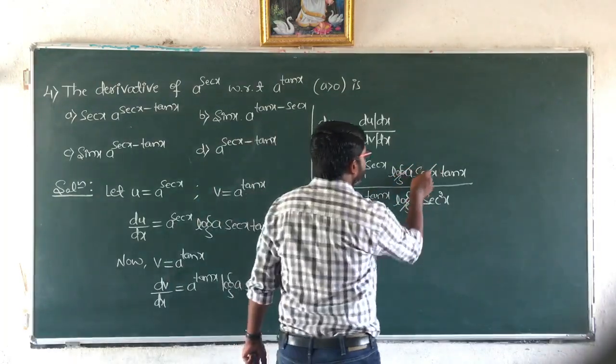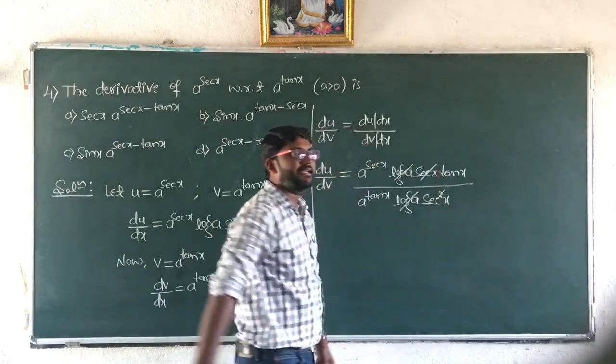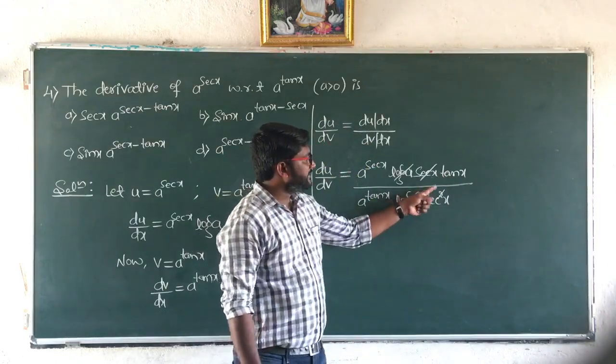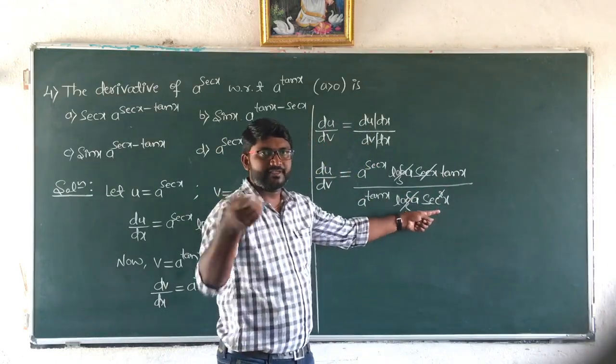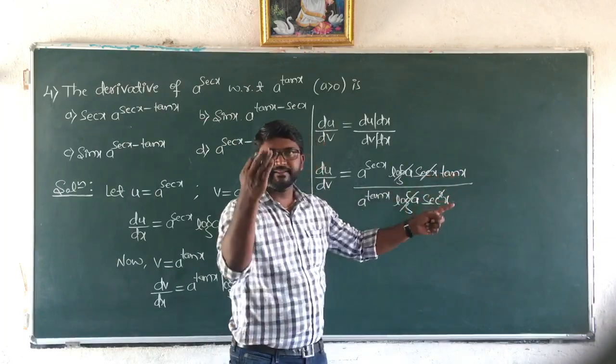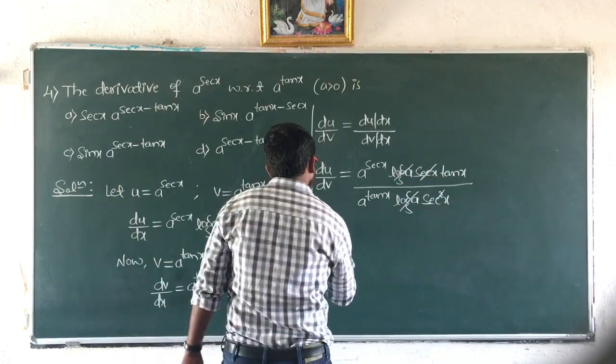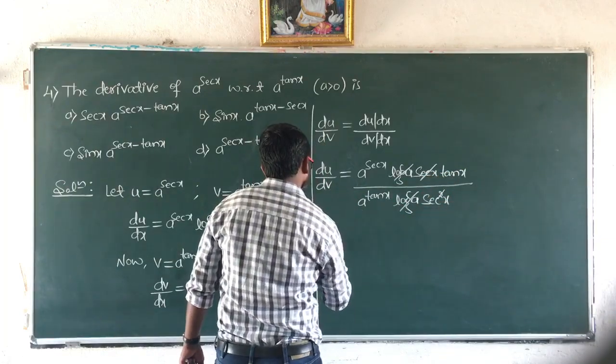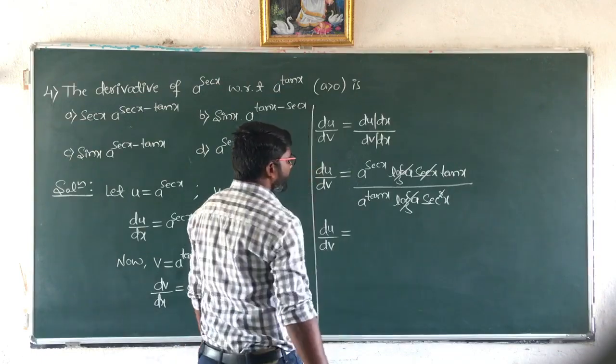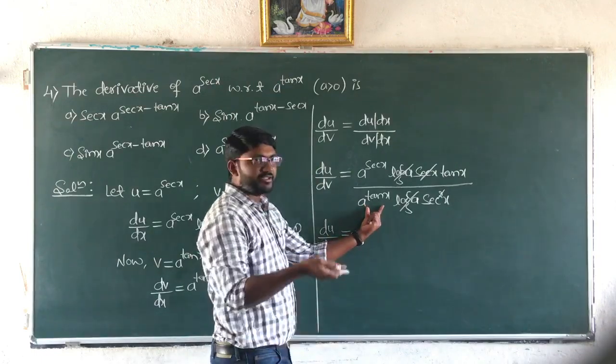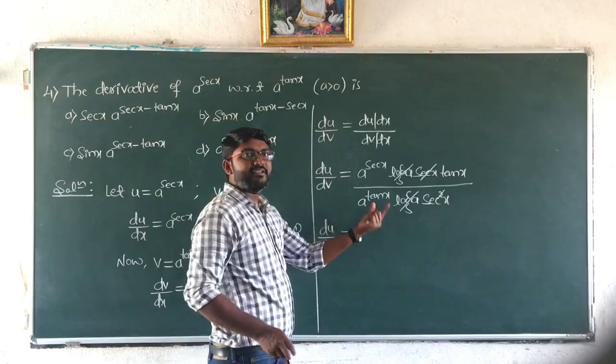Then secant x and one more secant x get cancelled here. So 1 by secant x can be written as cos x and tan x can be written as sin x by cos x. So du by dv is equal to, now take this term to the numerator, it becomes a to the power minus tan x.